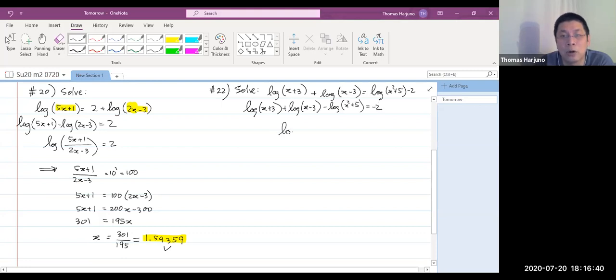Make it a single log on one side. That would be x plus 3 times x minus 3 over x squared plus 5, equals -2. This is log of x squared minus 9 over x squared plus 5 equals -2.